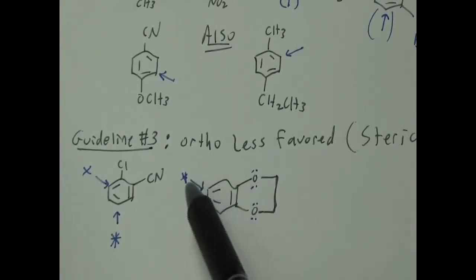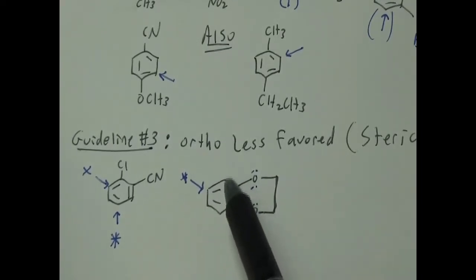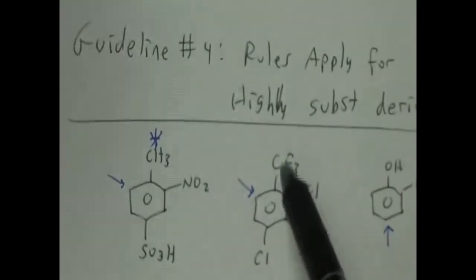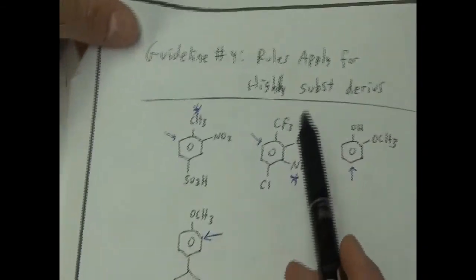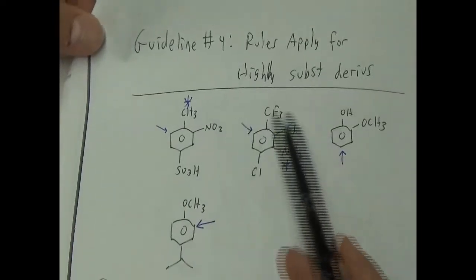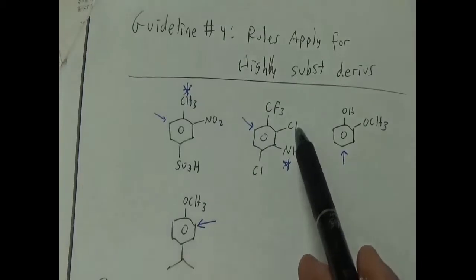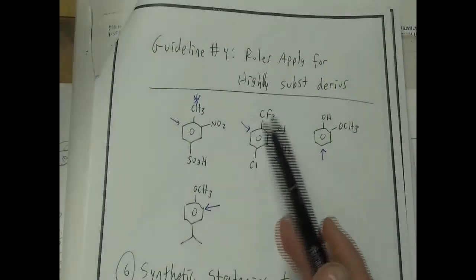But the big thing is it's para to it and not ortho to either of them, because para would be more favored. Okay. And then guideline 4 was basically just saying as you add more substituents, these same rules take effect. So, a couple more examples.